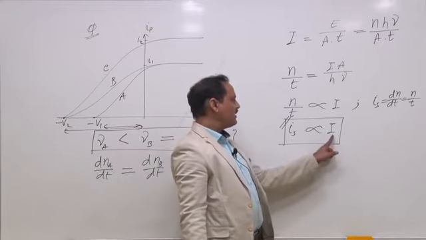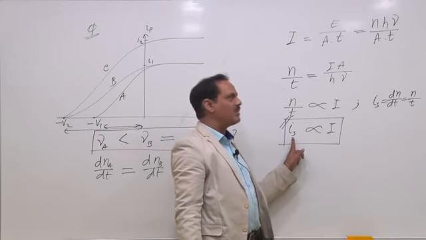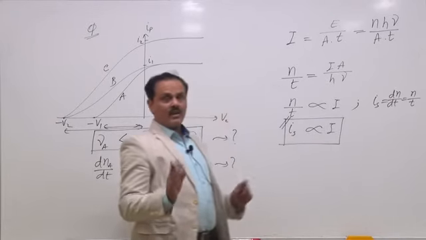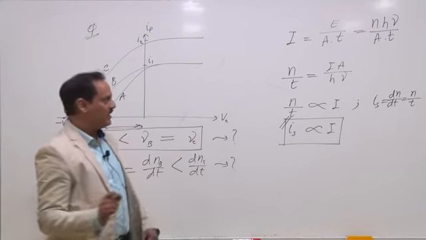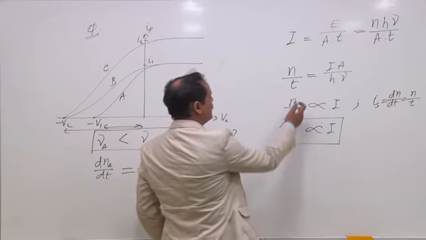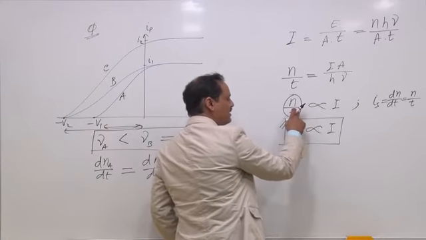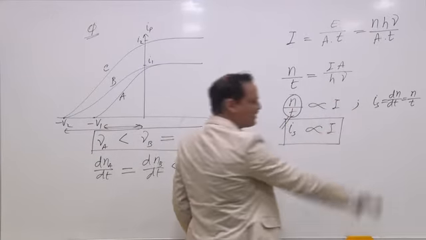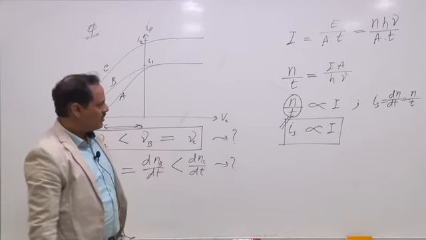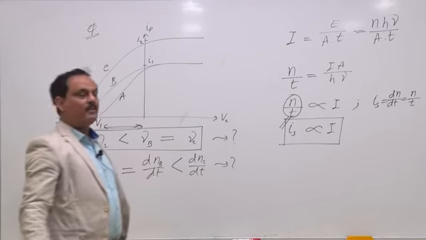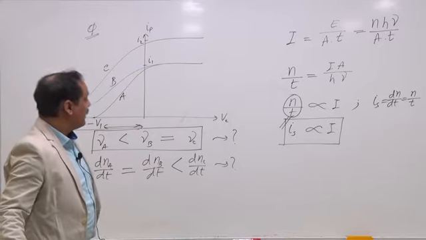That means the higher the intensity, the higher is the saturation current. Generally when we talk of intensity, we say it is the rate of incidence of photons. Means the higher the rate of incidence of photons, the higher is the intensity. So saturation current is proportional to intensity of light.